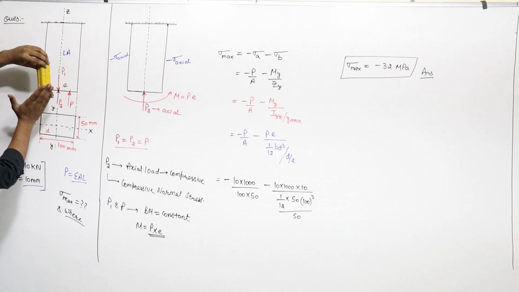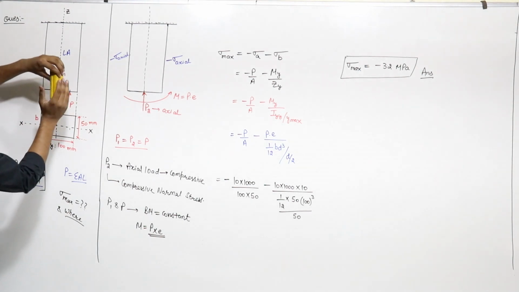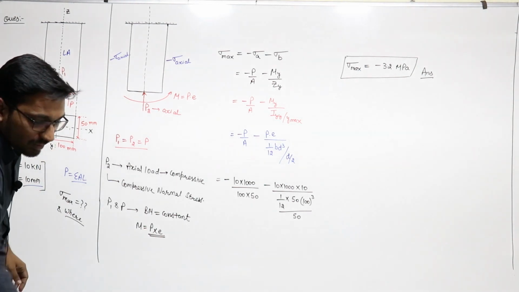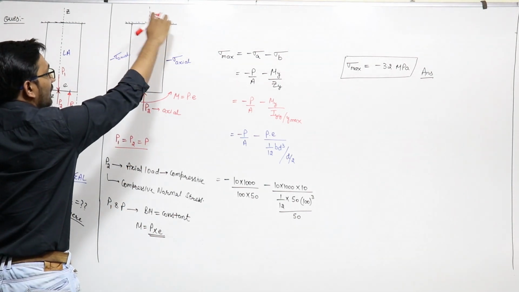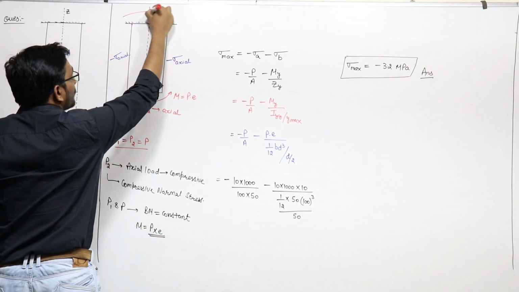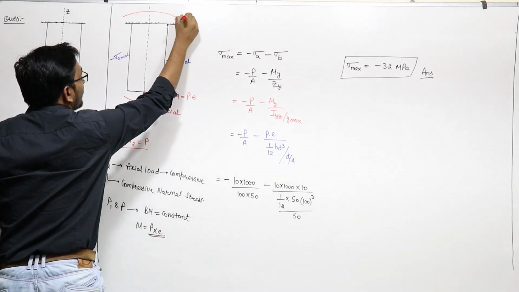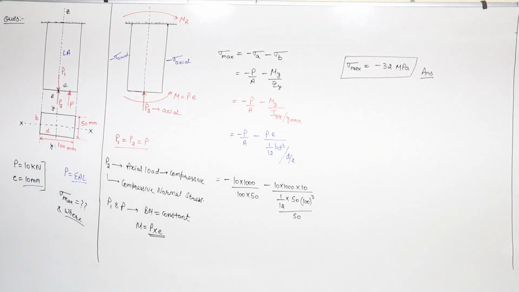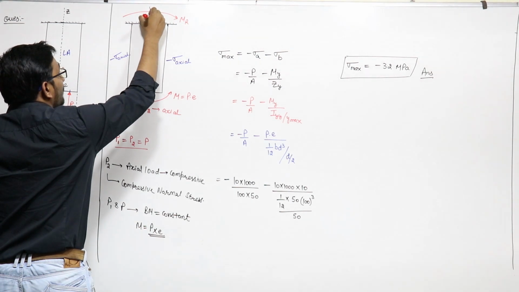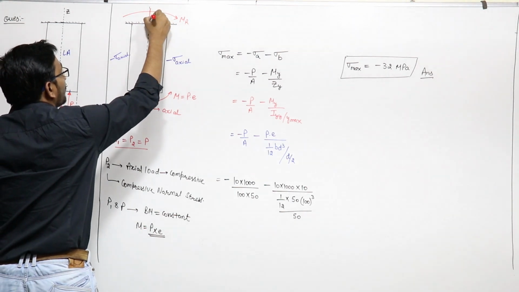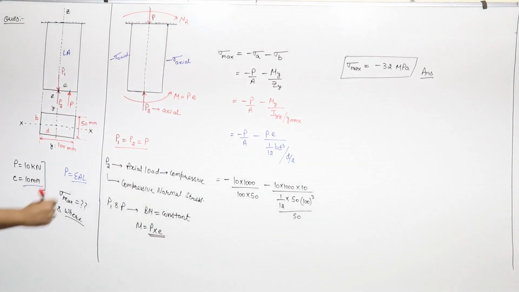There would be a reaction on this, because this fixed member will give you a reaction in the opposite direction like this: a reaction bending moment, which is also equal to P into E, and a reaction compressive load, that is P, right? These are the reactions.